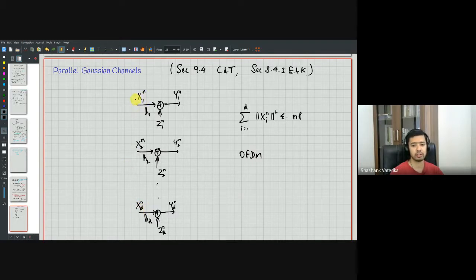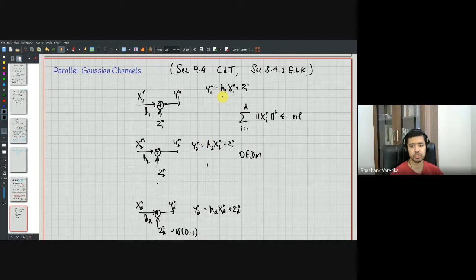The first channel is basically the following: y1n equal to h1 x1n plus z1n, y2n equal to h2 x2n plus z2n, and so on, ydn is equal to hd xdn plus zdn, where all the zi's are IID Gaussian with mean 0 and variance 1.